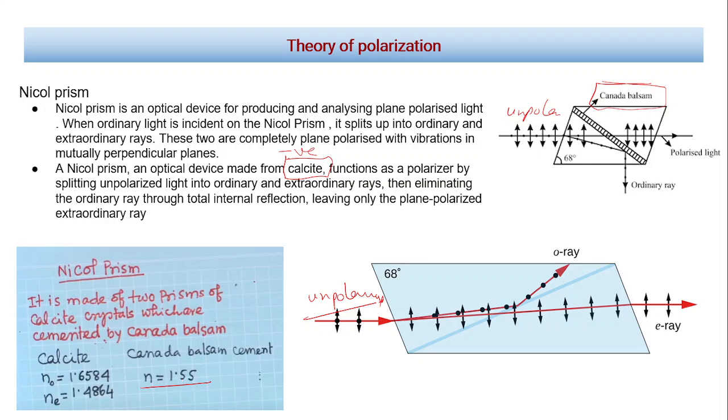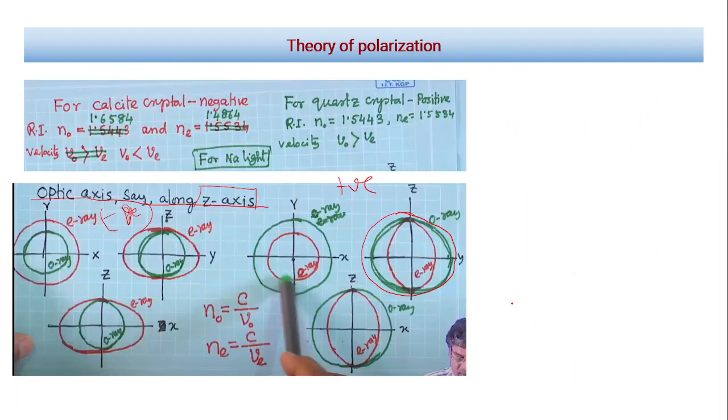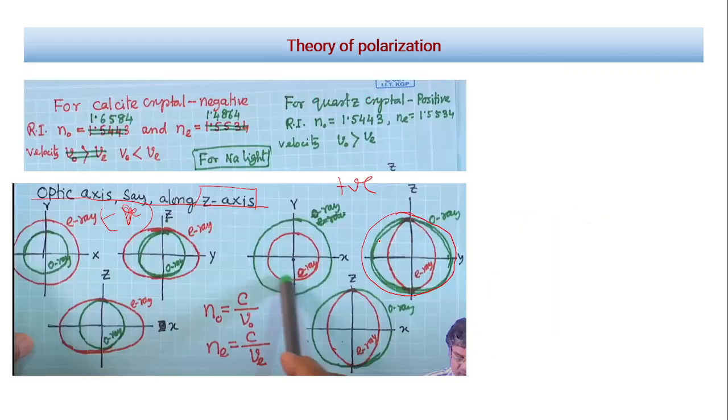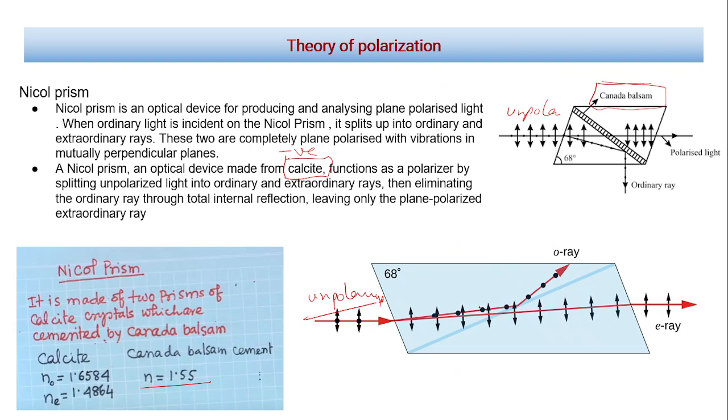So when this O ray comes, it's already polarized also. The O ray is sigma polarized, like this. You can see the E vector is perpendicular to the plane of the screen. So this is the O ray.